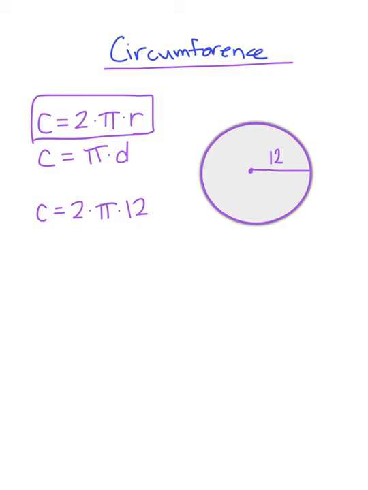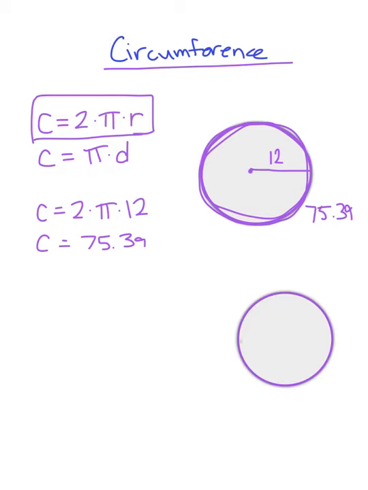So in your calculator, you just type 2 times pi times 12, and it gives you a circumference of 75.39, which means that the entire distance around this circle is 75.39 feet, inches, whatever you're measuring it in.